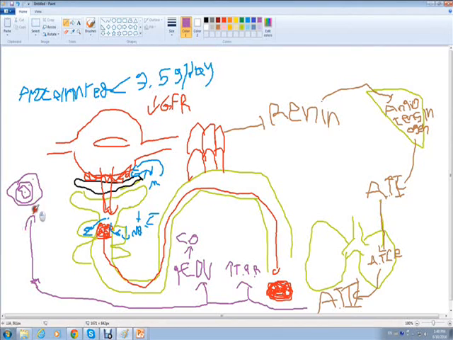This is all the adrenal cortex, and it's 3 zones. So angiotensin II will work on the adrenal cortex, and there it will cause the release of aldosterone.